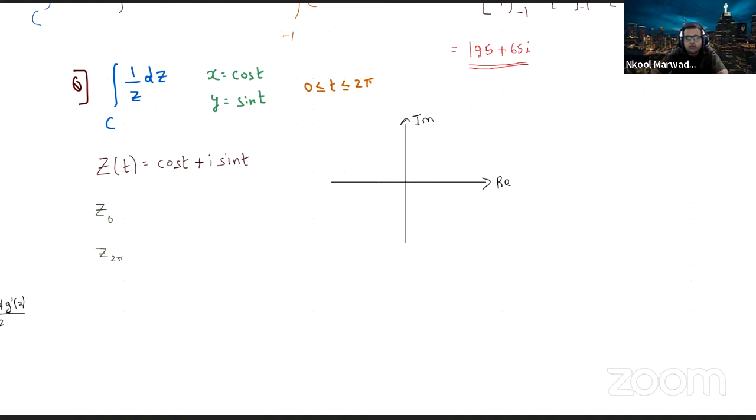At 0, cos 0 is 1 and sin 0 is 0, so we will get 1 plus 0.